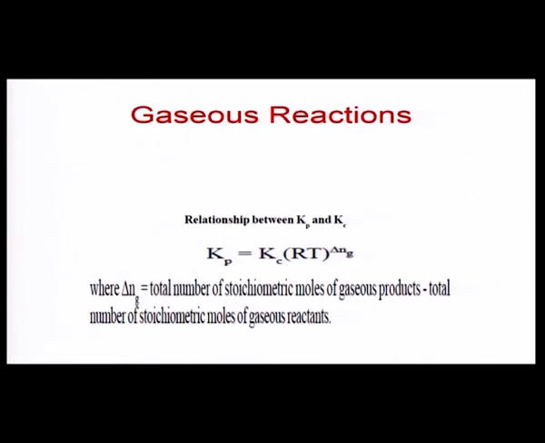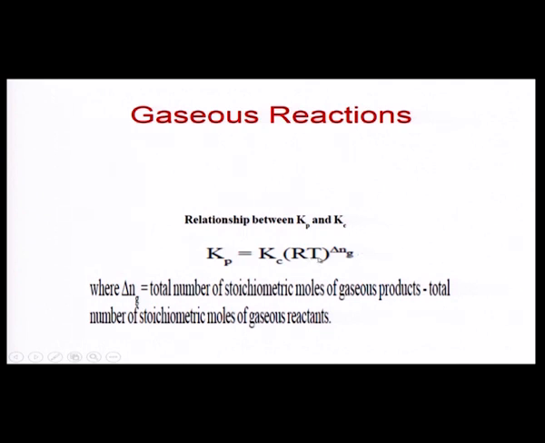And suppose the reaction involves gaseous reactants. Then the partial pressure of the gaseous reactants, instead of concentration, is very important, and it is related to the equilibrium constant: Kp is equivalent to Kc times (RT) raised to delta Ng.